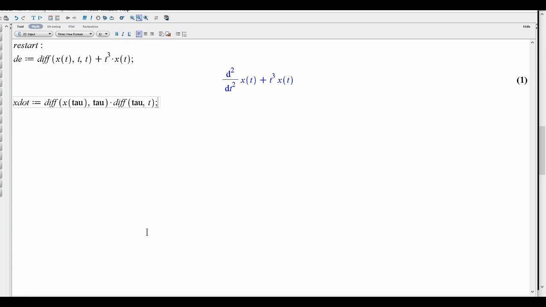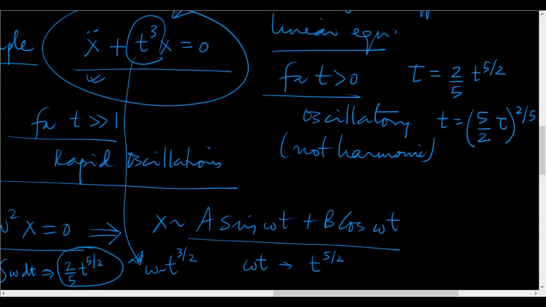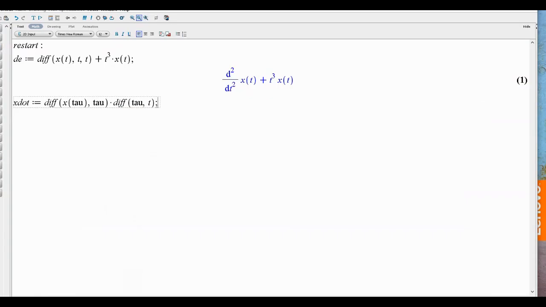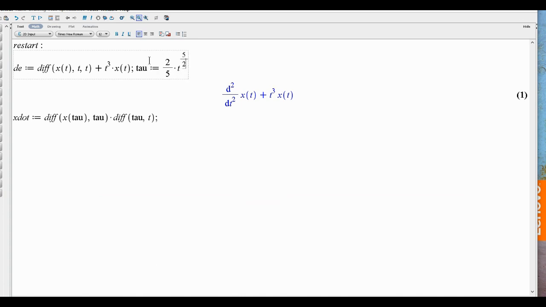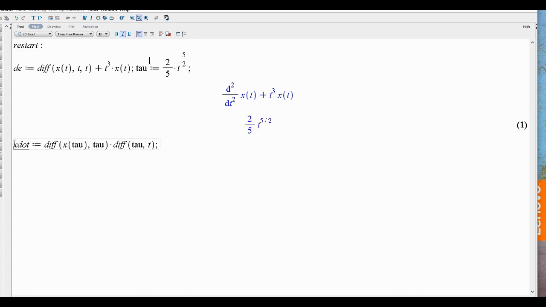So I have to define what tau is, and tau is 2/5 t to the 5/2. So let me say tau equals 2/5 times t to the power 5/2. Okay, so this is x dot.